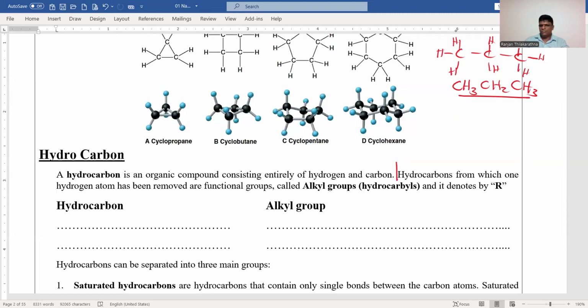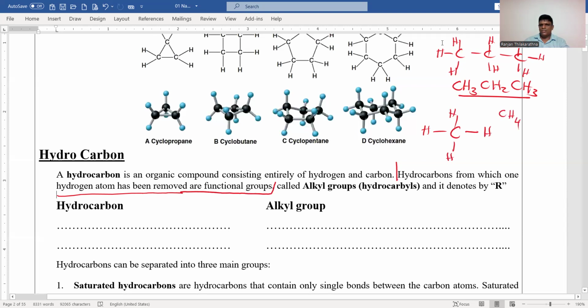Hydrocarbon groups from which one hydrogen atom has been removed are called the alkyl groups. That means if you have CH4, it can be written in the condensed way, CH4.